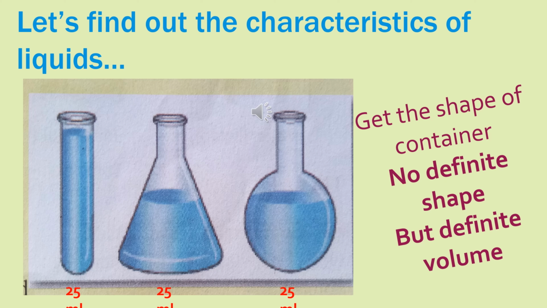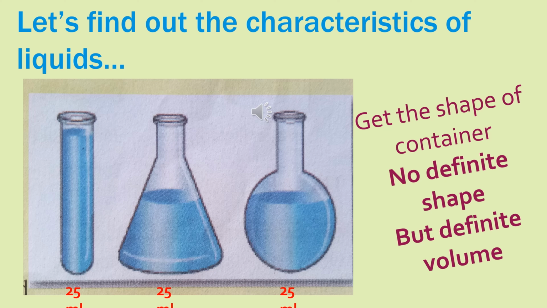Then what can you see? What is the shape of the water in the measuring cylinder? When you put it into the containers, what is the shape? What about the volume? Here, you have to observe in this activity that the amount of water in these three containers is equal to each other.